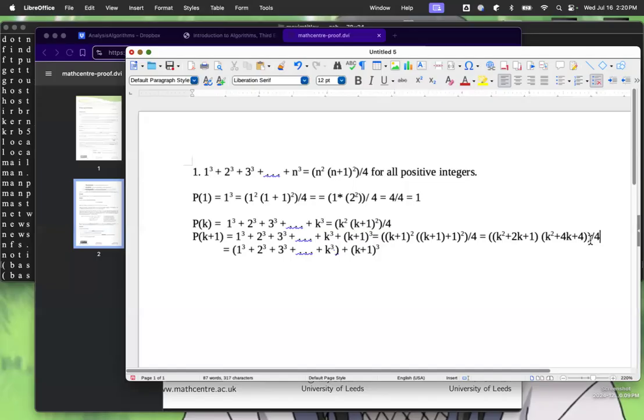Okay. Now, over here, I had added in K plus 1 cubed. Now, here's what I want to do. Since I'm doing the whole K plus 1, here's my P of K that I had from before. I want to add K plus 1 cubed to that. So now, here goes.